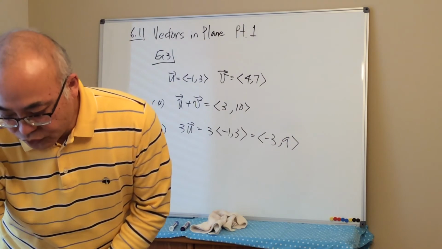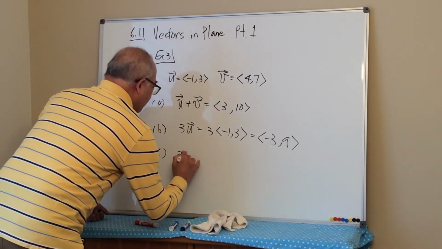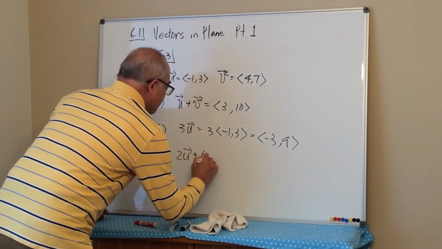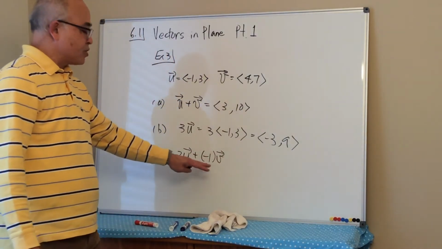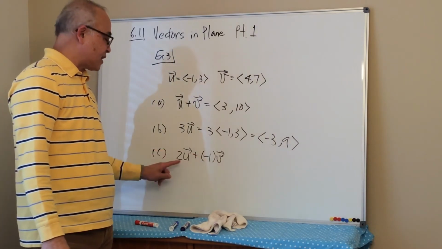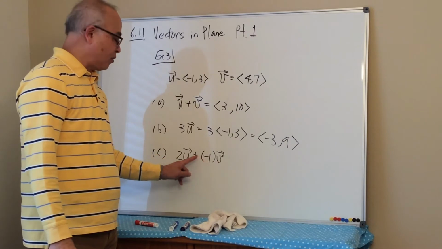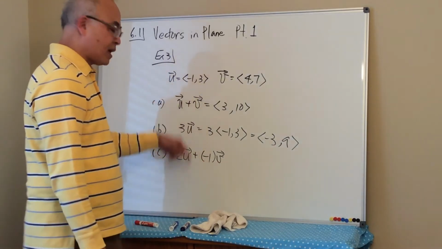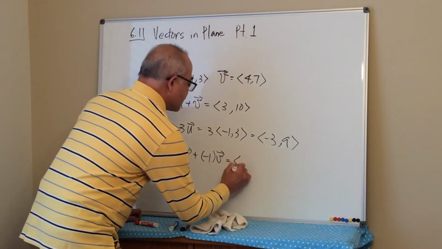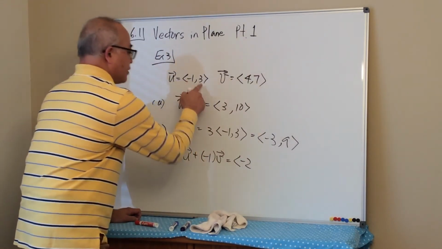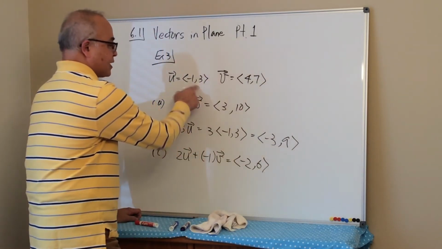Then I have 2u plus negative 1 times v. This is the same thing we did before, right? I am subtracting v. This is actually 2u minus v, but we make it look like this so it becomes an addition. 2u is (-2, 6).